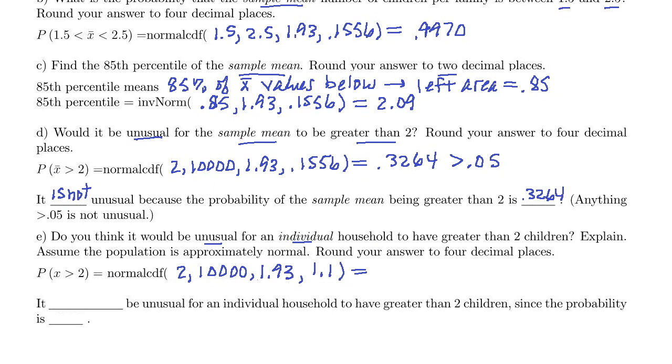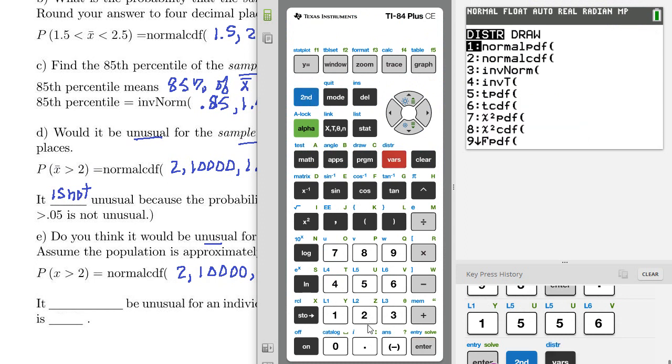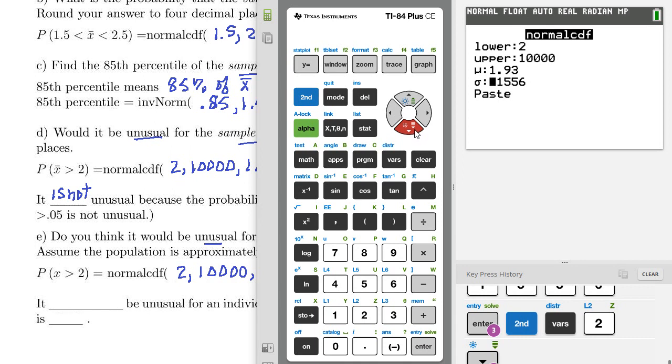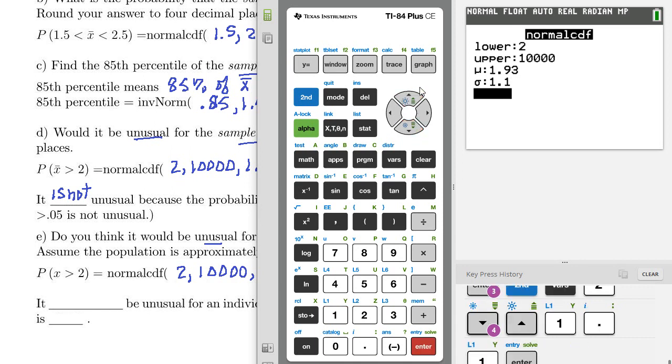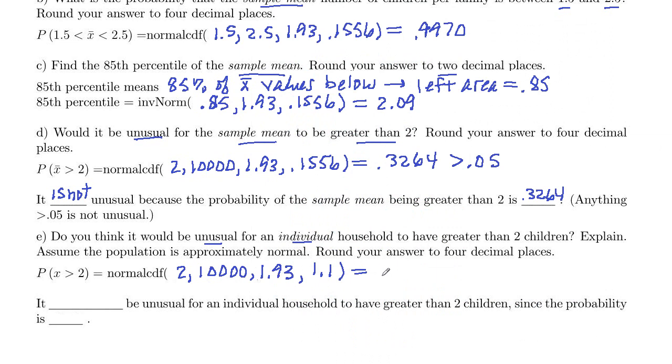So let's go ahead and key that in. So second variables, normal CDF. And now the thing that changes is our sigma to 1.1. Paste and enter. 0.4746. And that is greater than 0.05.